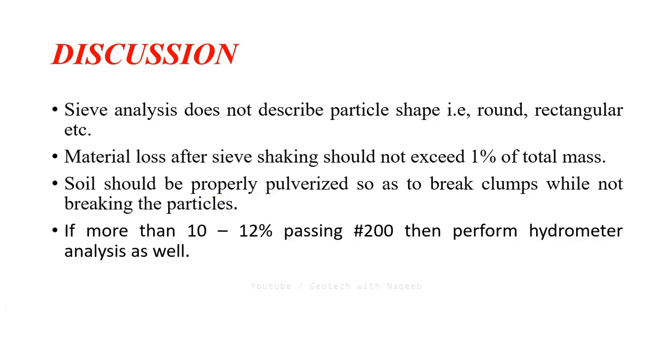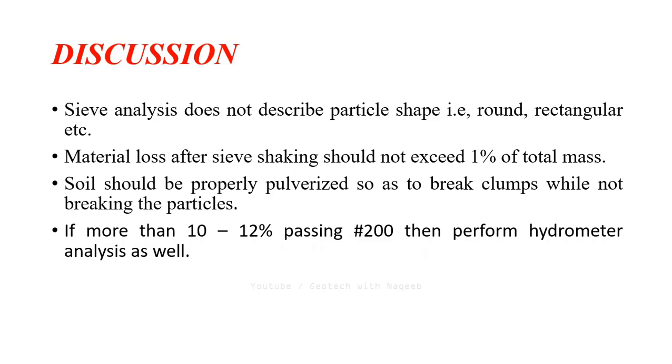If more than 10 to 12% passes through sieve number 200, then we perform hydrometer analysis to determine further the size of fines, like clay and silt, which are subcategories of fines.